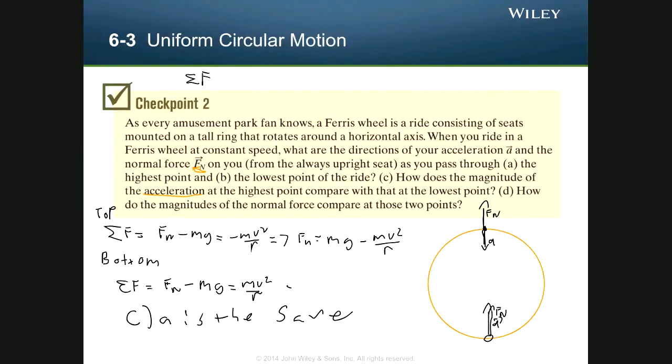This implies that Fn at the bottom is equal to mg plus mv squared over r. So looking at the two numbers, Fn bottom will have to be greater than Fn top.